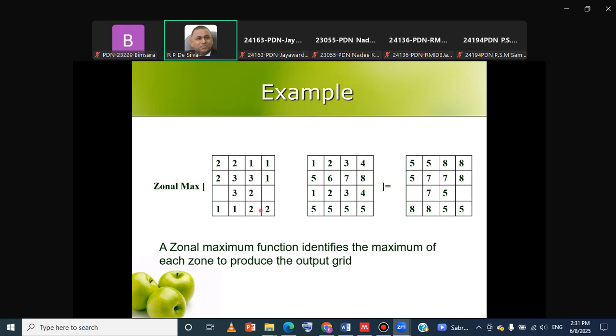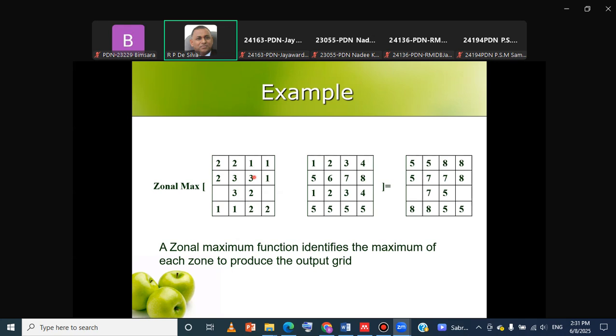These two are separated by others. Zone 3 is in the middle, only one zone. So if it is adjoining, it is the same zone, right? If it is not adjoining, it is still the same zone, but you identify it separately as two parts.